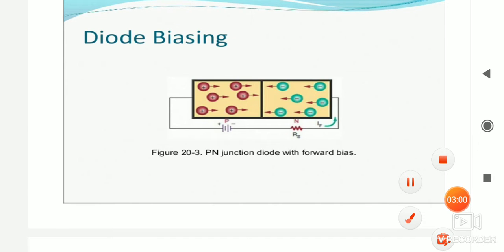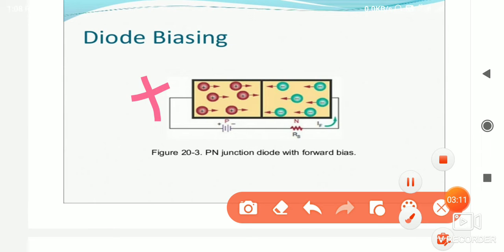In the next slide, diode biasing. Diode biasing may be forward bias or reverse bias. What is the meaning of forward bias? When we apply positive on the p side and negative on the n side, this is the forward bias.